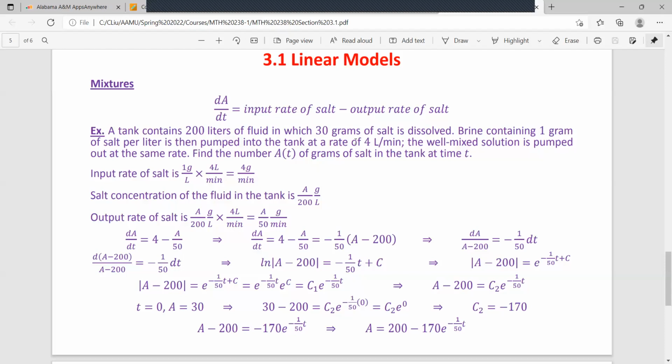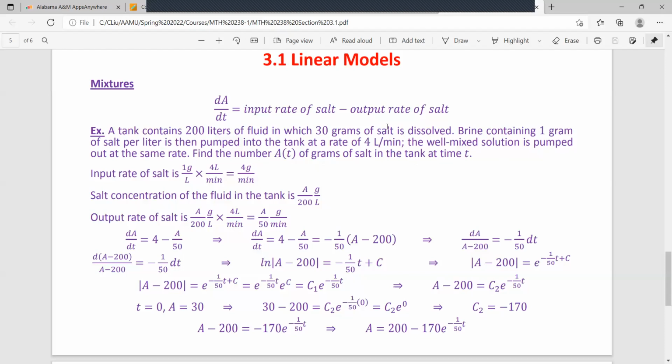That's the input flow. The well mixed solution is pumped out at the same rate. That's the output flow. Find the number A of t of grams of salt in the tank at time t.